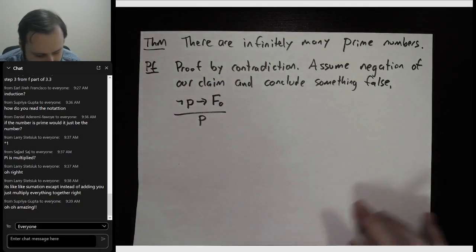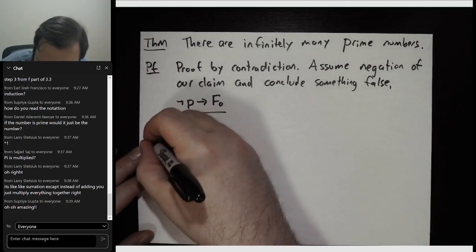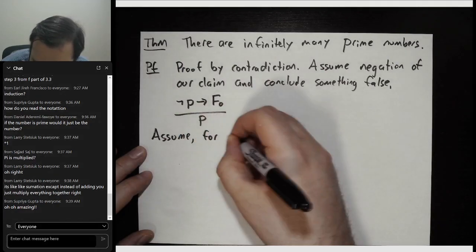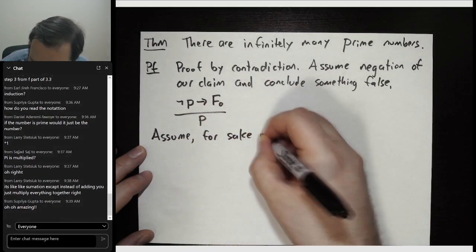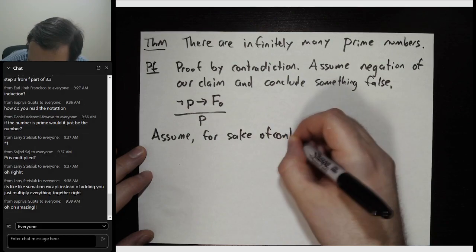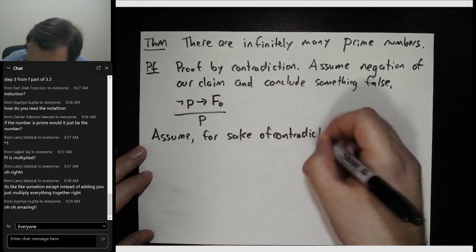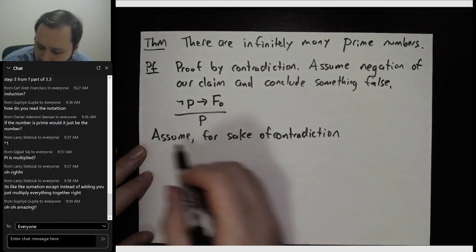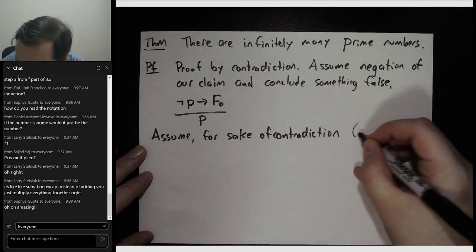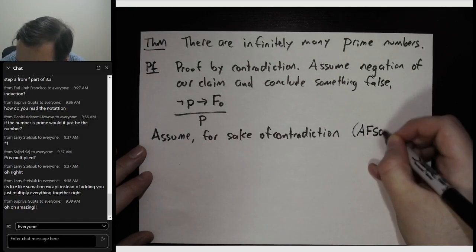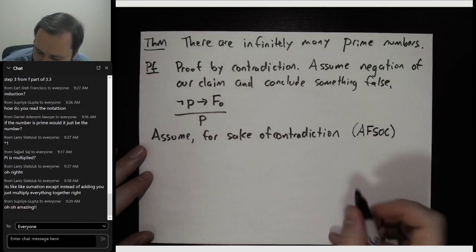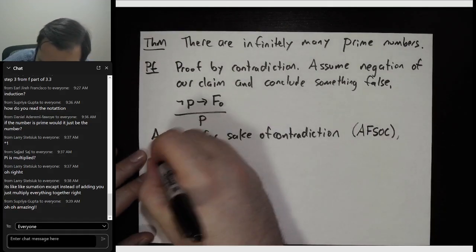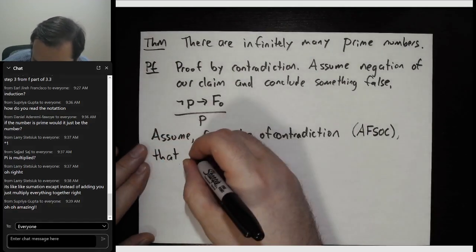So what is the negation of our statement? We're going to assume, for sake of contradiction, and since so many proofs start out like this, assume for sake of contradiction, sometimes abbreviated AFSOC, that there are not infinitely many primes.